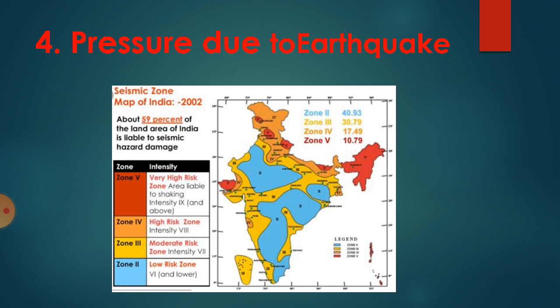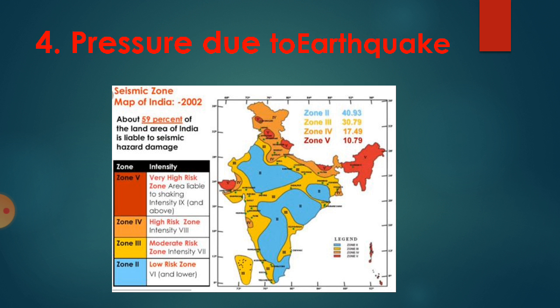4 and 5. In the seismic zone map of India 2002, about 59% of the land area of India is liable to seismic hazard damage.